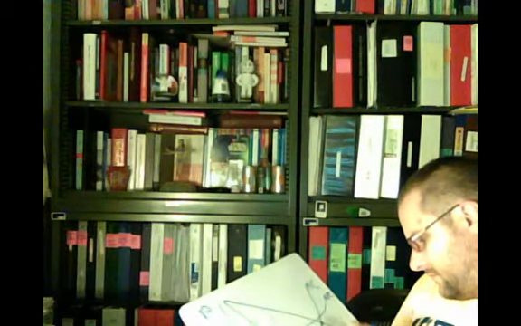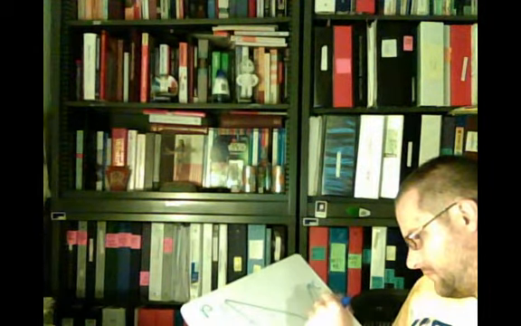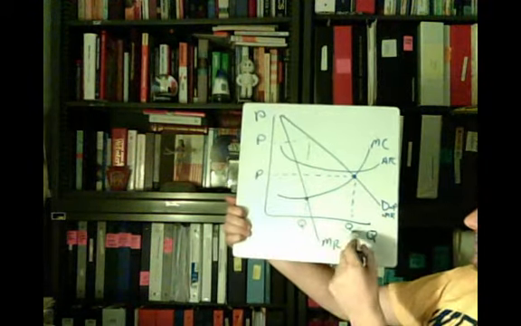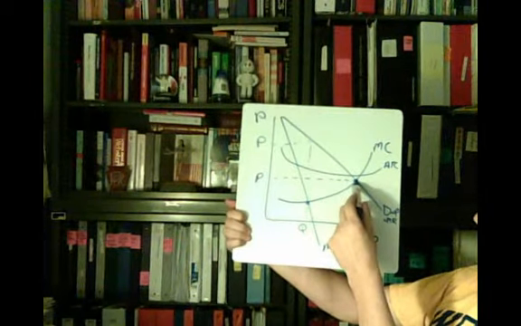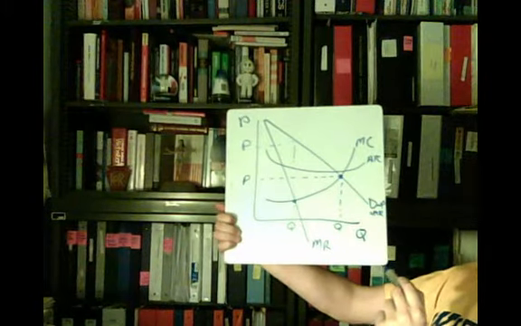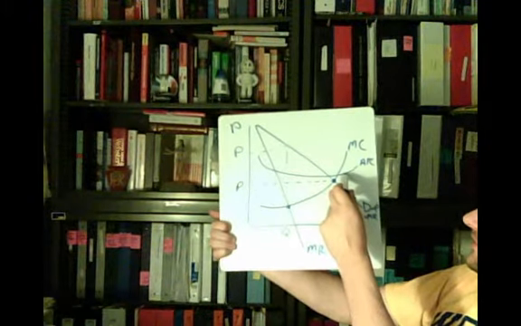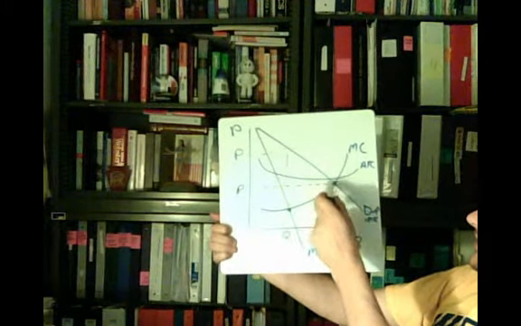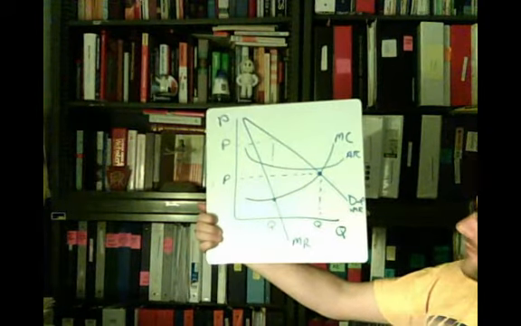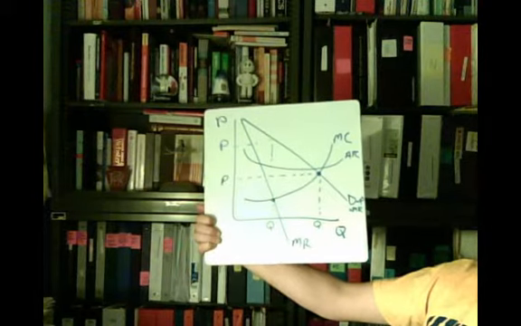So they would charge this price and produce this quantity, right? They would set MR equal to MC, and that would also be the price. But this is a problem because look at where the cost curve is. Average total costs are up here. So this firm would actually be earning a loss. So now the power company is going to go out of business.